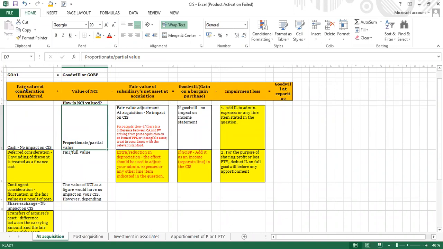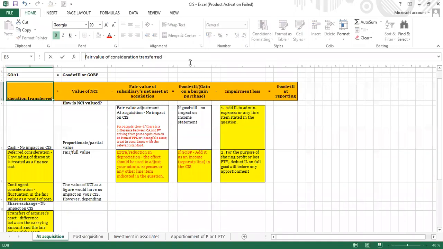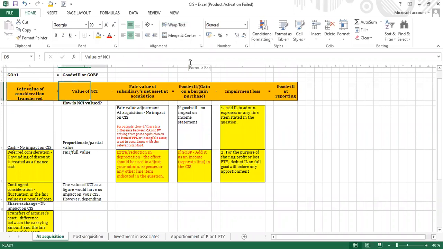So we said that on the acquisition date, your target is your goodwill. But to get your goodwill, any day, anytime, you need three things. The first is what they refer to as fair value of consideration transferred. The second is value of NCI.